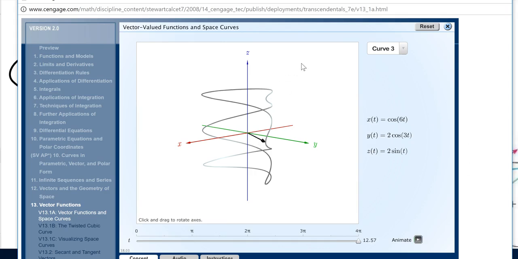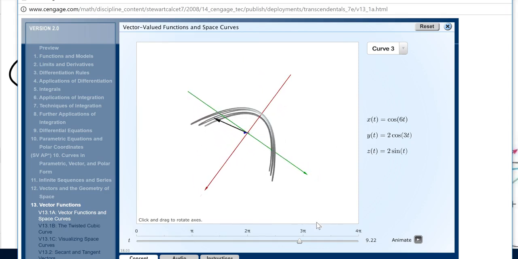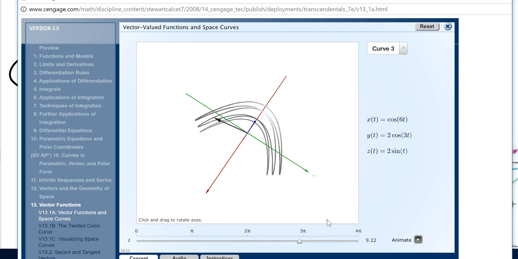It retraced itself many times, so I think it's 2 pi. At 2 pi, we are done, and then it retraces itself. So let me pause it, since it's retracing itself. And what it really looks like is this. If you look down from the z-axis, apparently you have parabolas here.